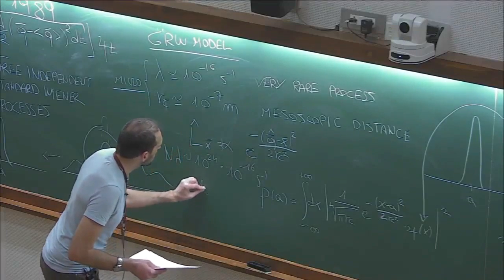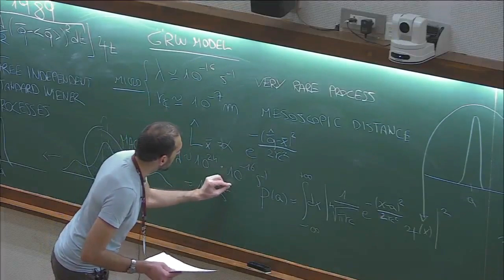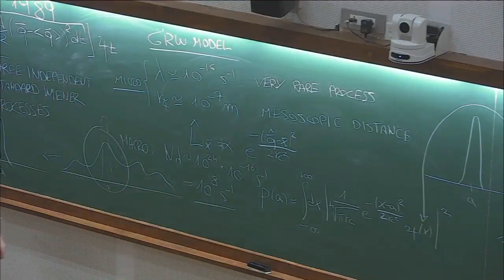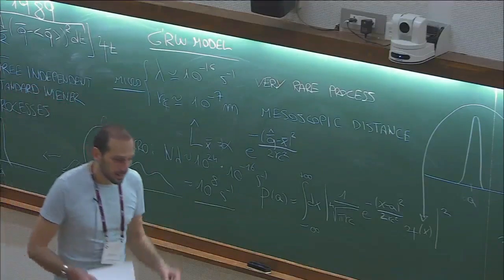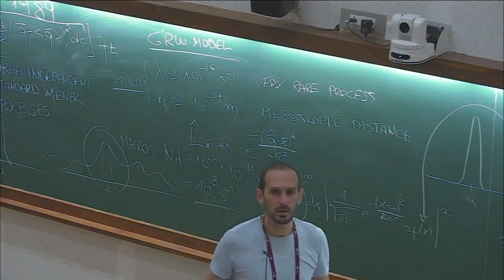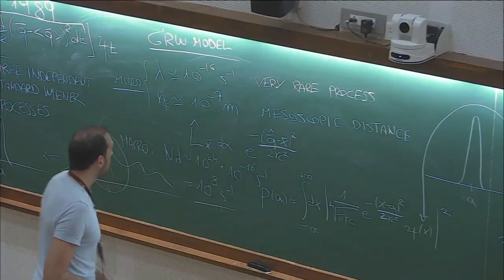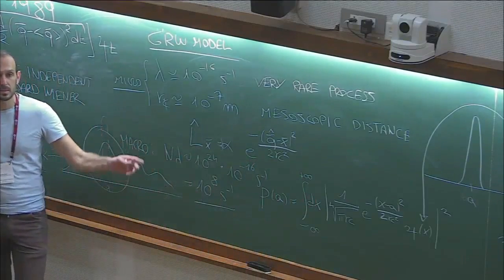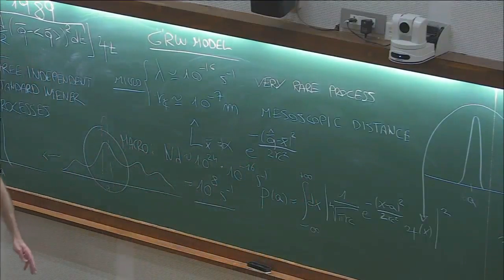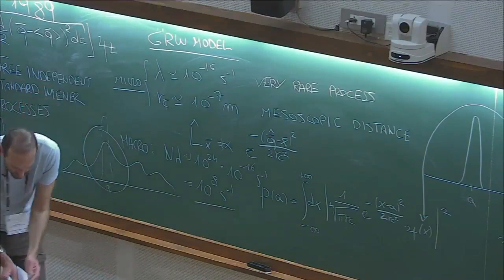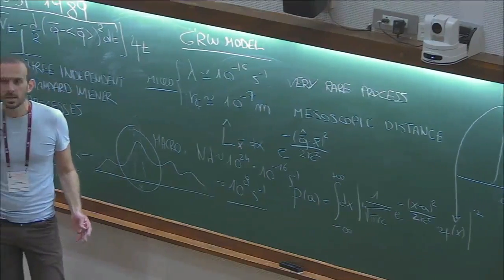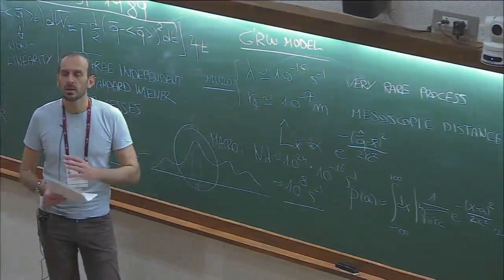So if you want to put your cat in a superposition here plus there, you will not be able to, because in 10 to the minus 8 seconds, that's 10 nanoseconds, before you even start doing the process, a collapse will occur that kills the entire thing.